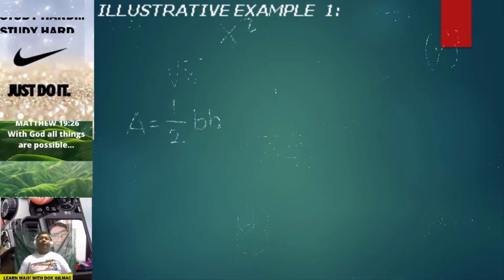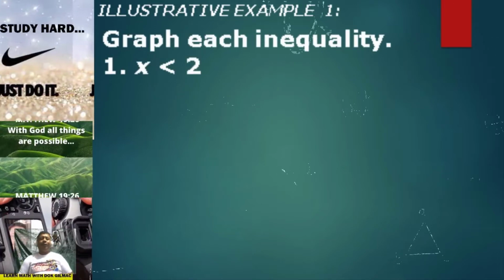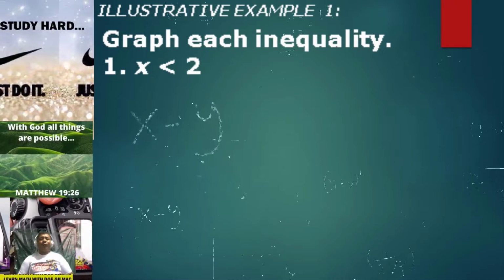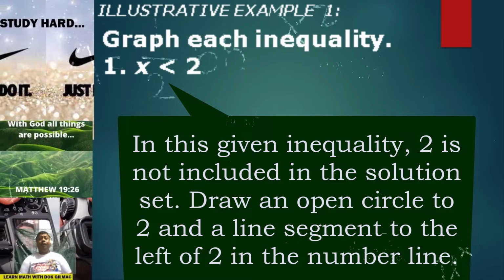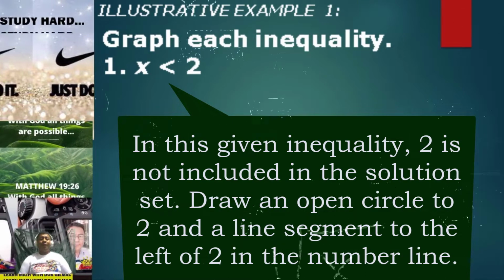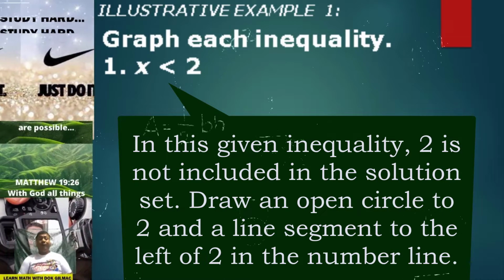Consider illustrative example number 1. Graph each inequality. Number 1. X is less than 2. In this particular inequality, 2 is not included in the solution set. So we're going to draw an open circle to 2 in the number line.